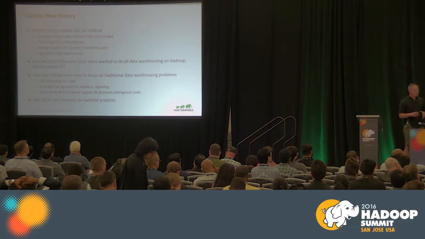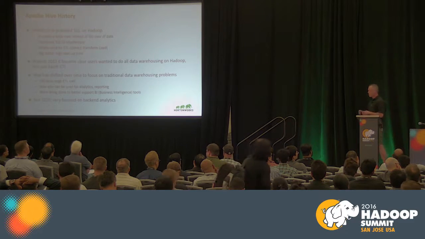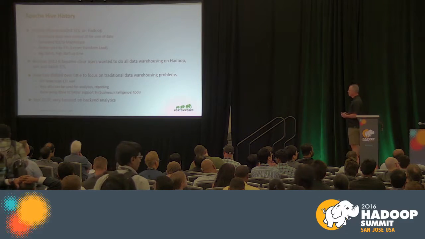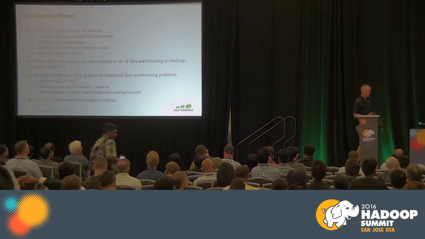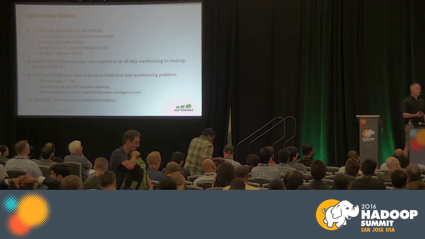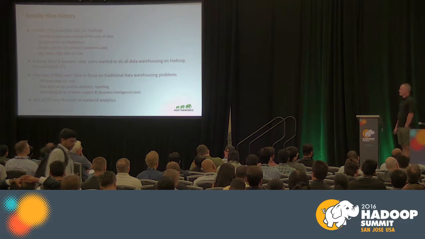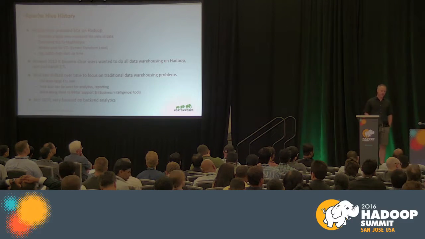And so Hive, along with a number of other SQL projects, started to evolve into becoming much more of a traditional data warehousing solution on top of Hadoop, being able to do all those things that people have done for years and years with their data warehouses. In particular, the release of Hadoop 2.0 with Yarn, which enabled alternate engines other than MapReduce. Suddenly we were free to do many new and interesting things that couldn't have been done before.